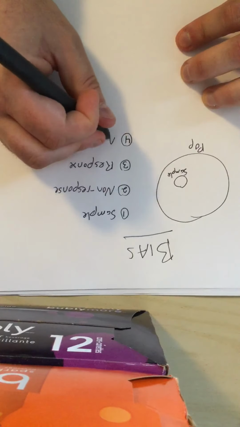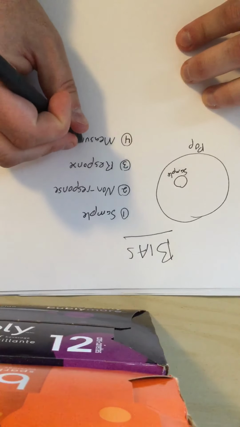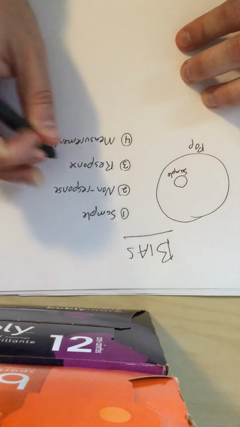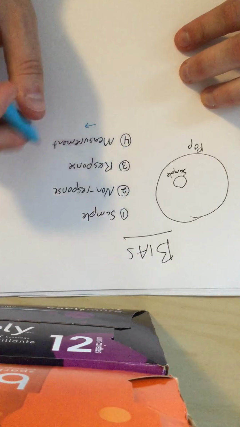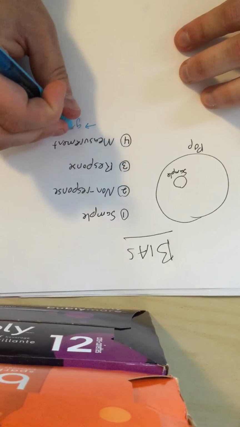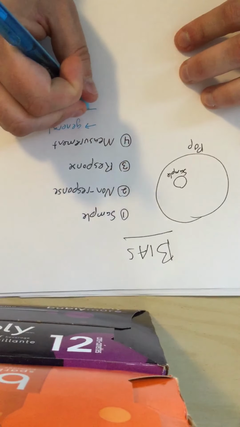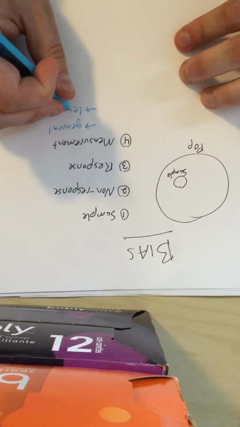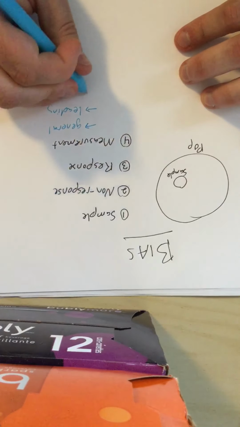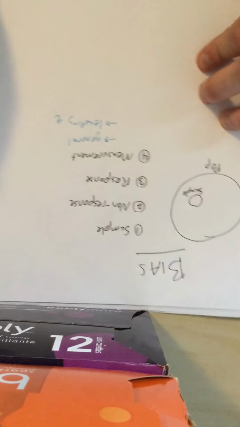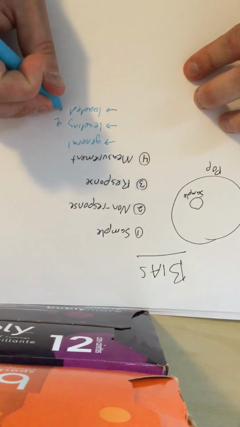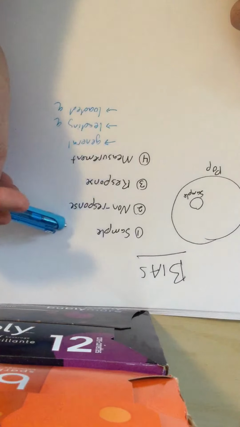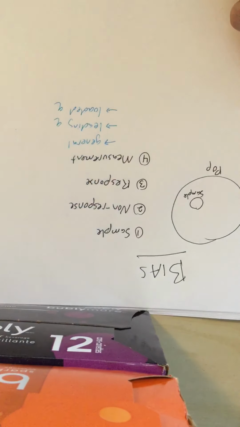And there's going to be measurement bias, which I'm going to kind of subdivide into general measurement bias, leading questions, and loaded questions. So there's going to be sample, non-response, response, and 3 types of measurement biases.